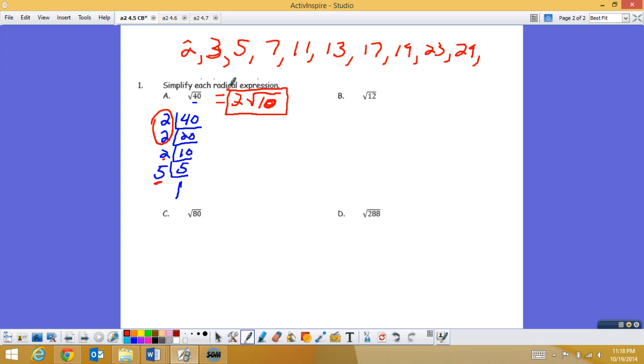Now doing the same thing to the square root of 12.